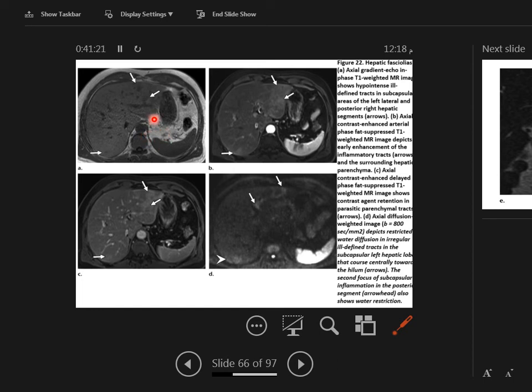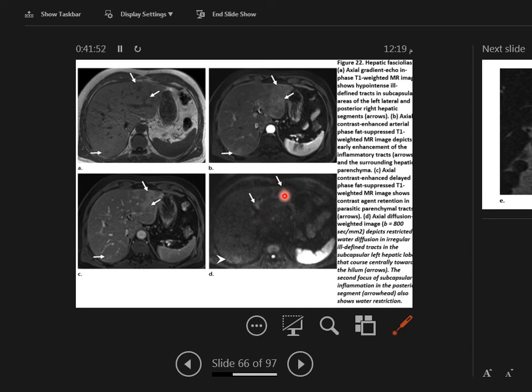This is an MRI. This is T1 hypo, and this is contrast enhanced T1, and this is delay phase contrast, and this is diffusion. See, diffusion is very obvious, because the parasite is moving through the liver parenchyma.